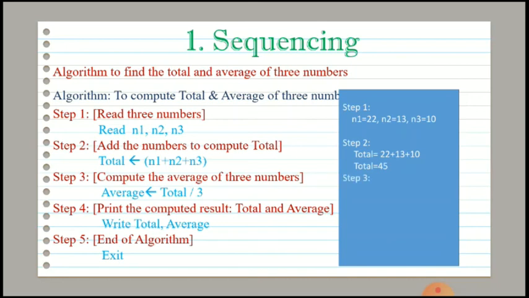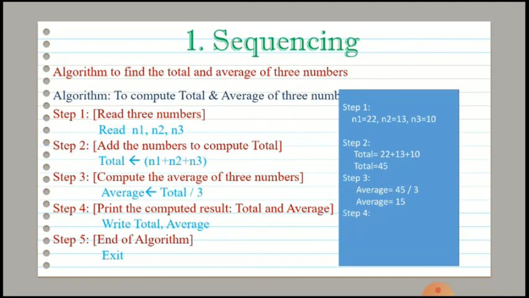In the third step, we will calculate the average. So divide total by 3 and save the result in average. The average is 15 and that will be stored in average.